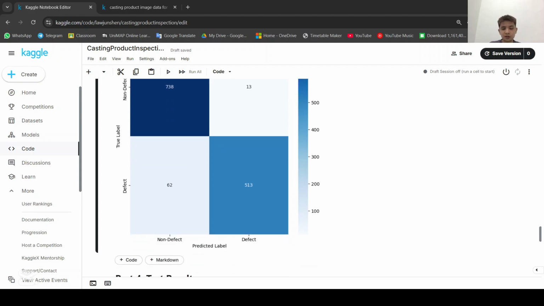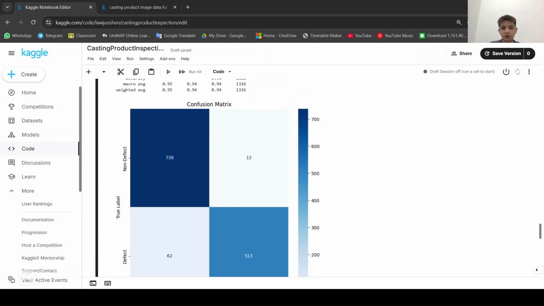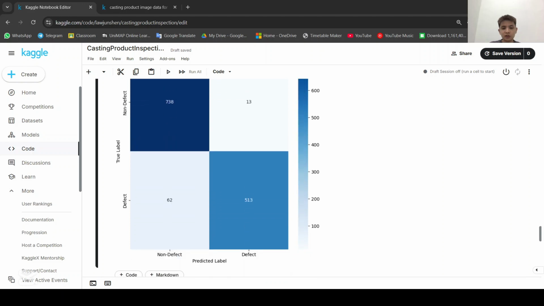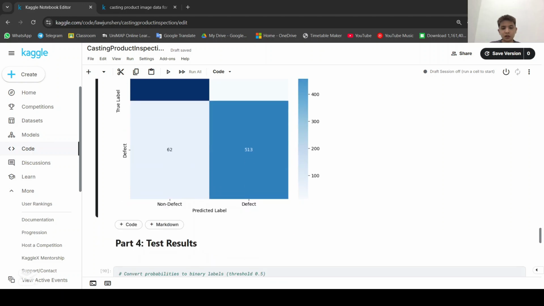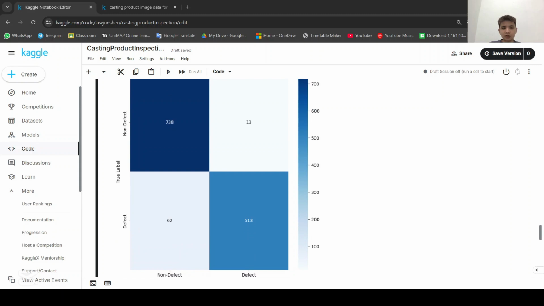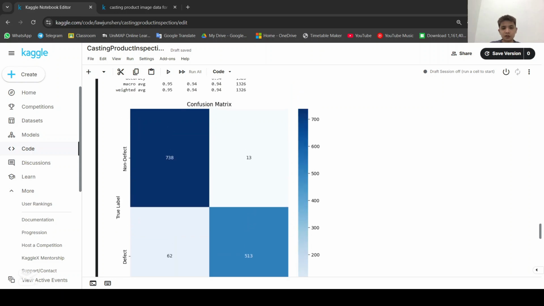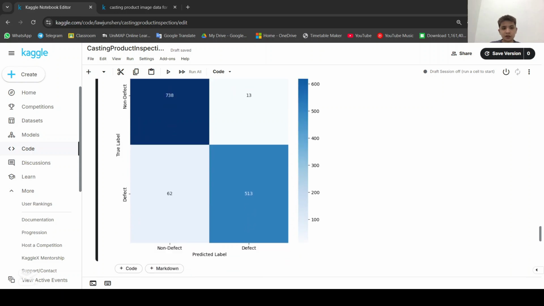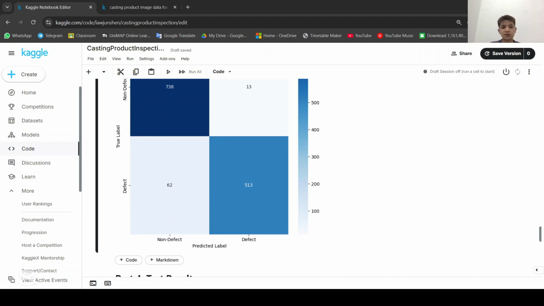And also for defect, but only 13 labels of non-defect were detected wrongly as defect. And also 62 were truly defect, but we detected them as non-defect.